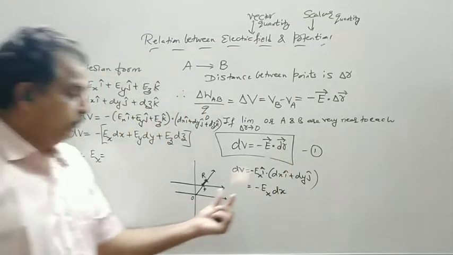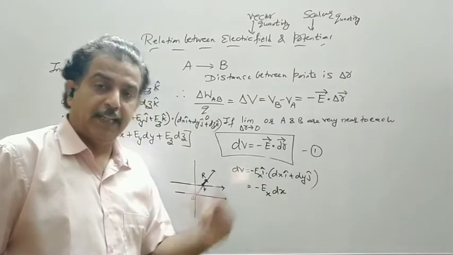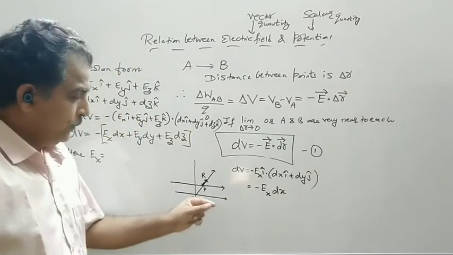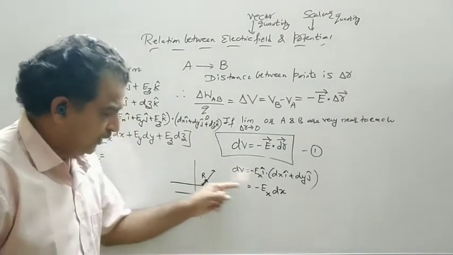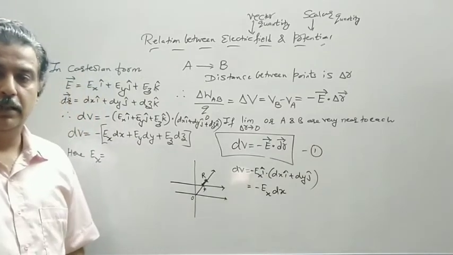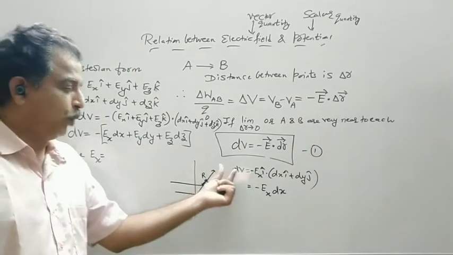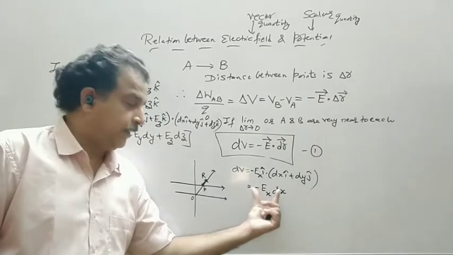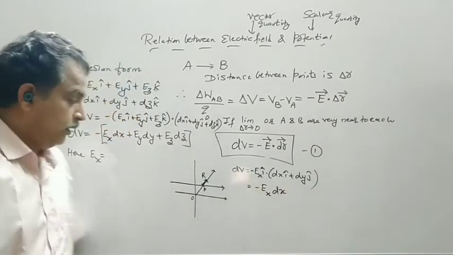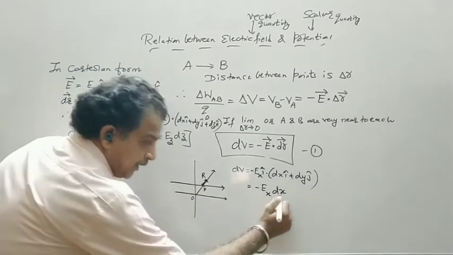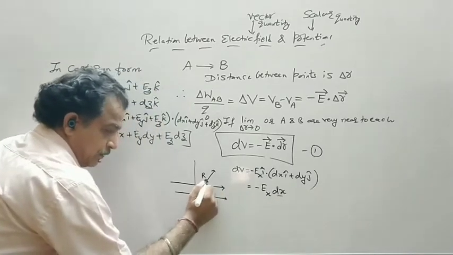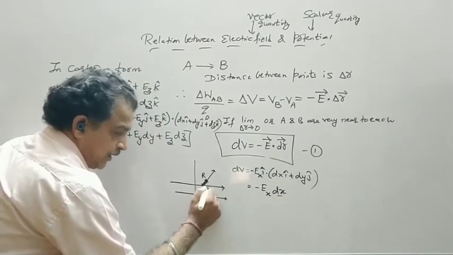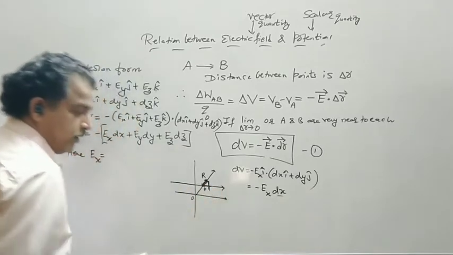This is minus Ex dx. So if the field is along the x-axis, I will get the potential in the form of the component that is the x-axis.